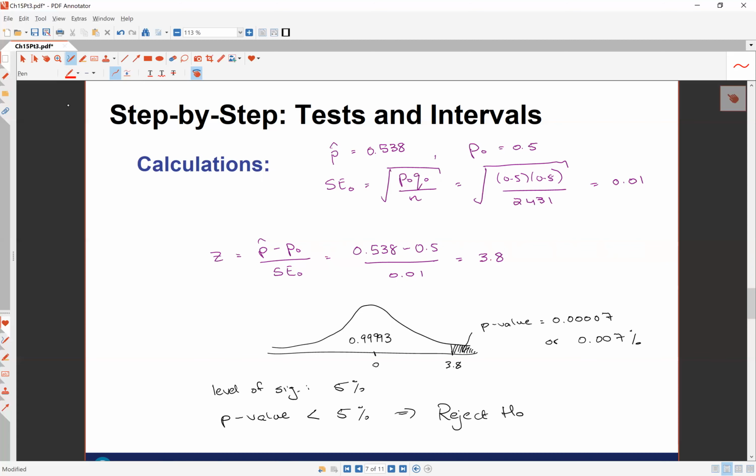Here, if you reject the null hypothesis, remind yourself what the alternative said. The alternative said the proportion is greater than 50%. So yes, the sample evidence is consistent with a home team advantage. That's what it means when we reject the null hypothesis in this case.